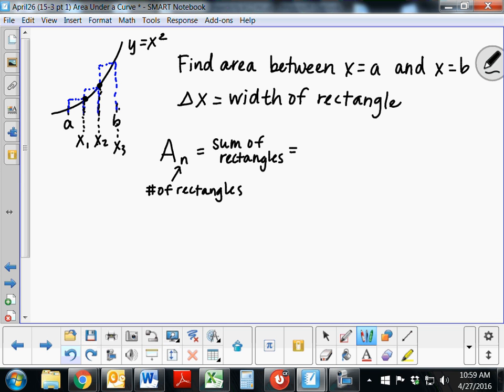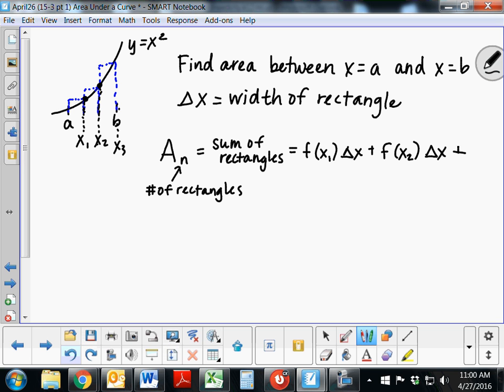And so I would keep having to plug them into the function. So I'd have to plug in whatever that first x value was. We call it f of x sub 1, meaning I'm going to plug in the x value into the function, and I have to multiply it by how wide that rectangle is, which is delta x. And then I'd have to add up the second one plugged in times its width.